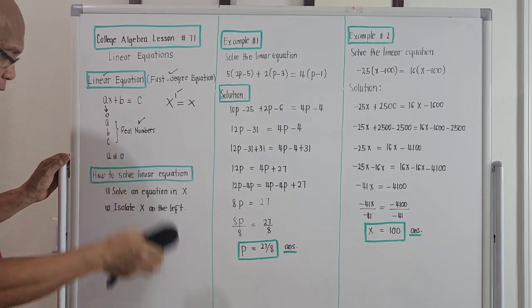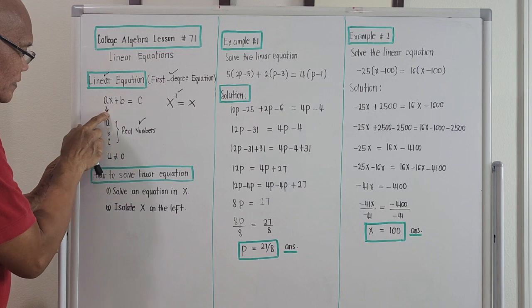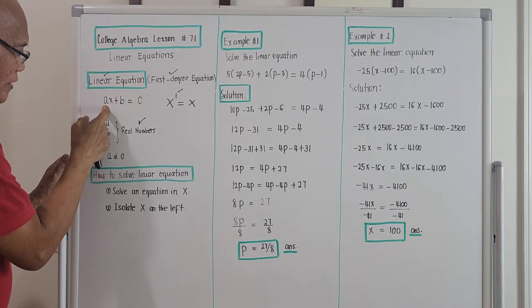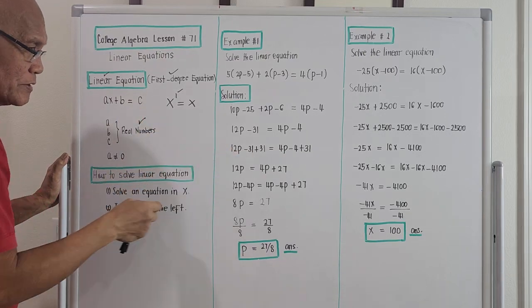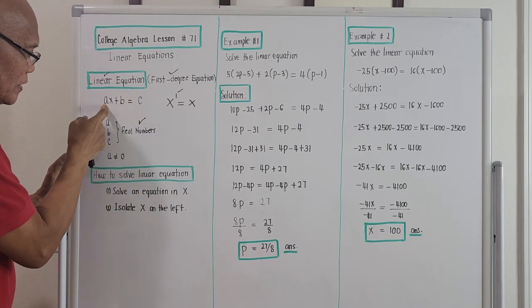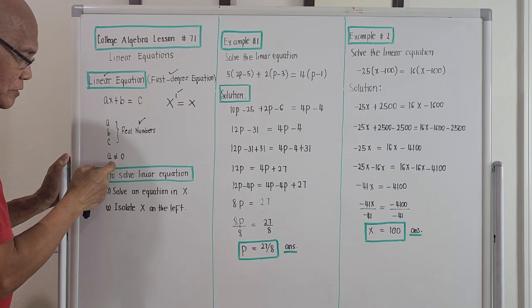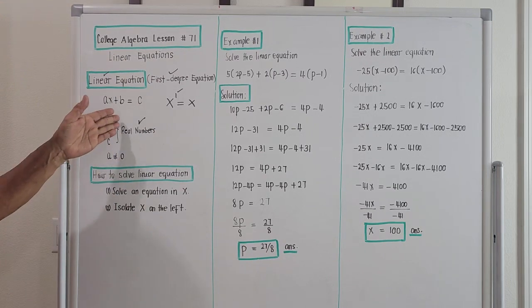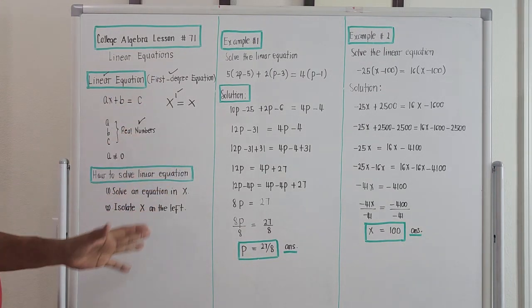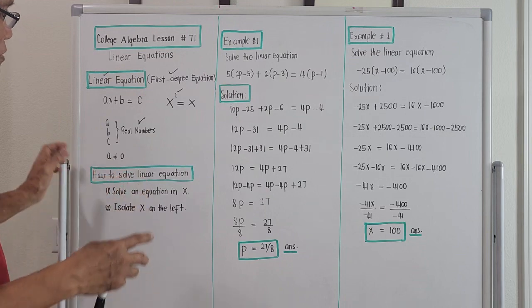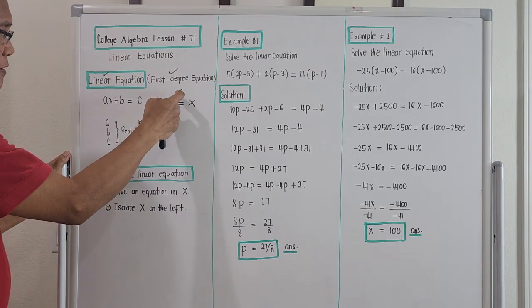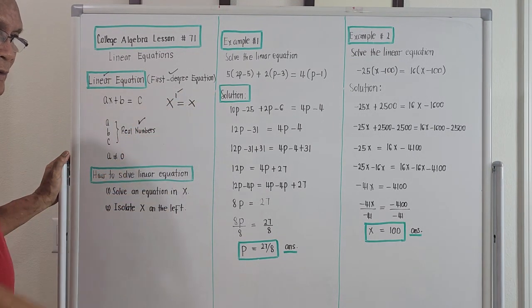So for the equation to be linear, a, b, c should all be real numbers, and a should not be equal to 0. The equation is just linear. It's an easy thing, right? Because the highest power of x is just x to the first, or simply x.